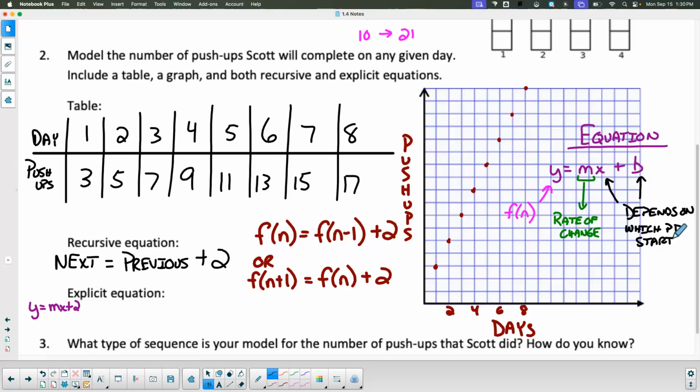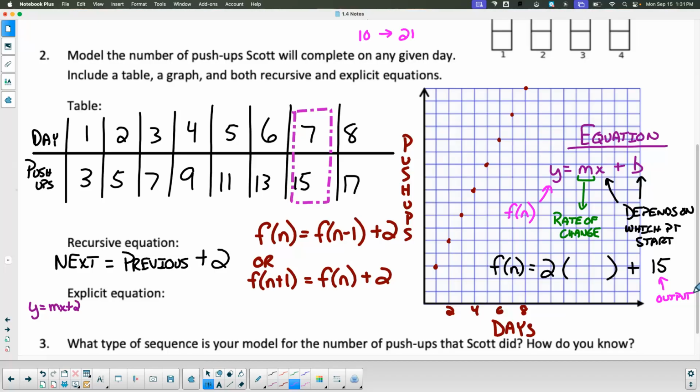You need a number between 1 and 8. 7, I heard 7 first. So we're going to start with this one right there. Then f of n is going to equal my rate of change, which was 2. And then my 15 is going to be the output of whichever point you start with.